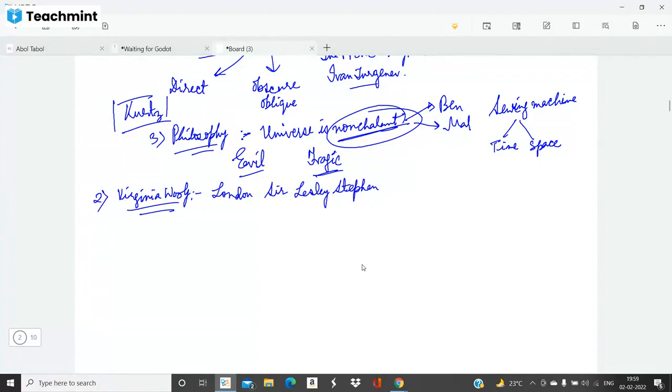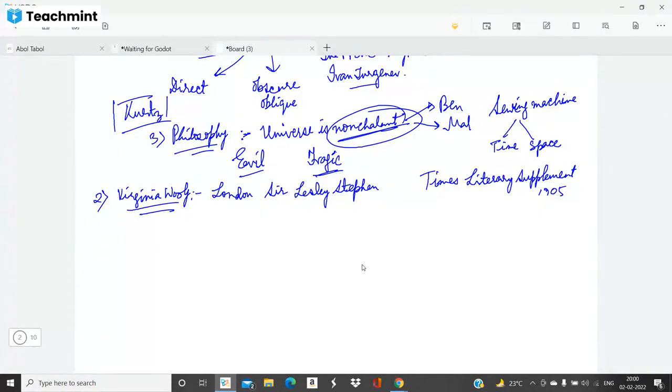And she lost her mother when she was 13, and she lost her father when she was 22. She temporarily lost her mental balance on both occasions, and she started writing for the Times Literary Supplement from 1905, and this association continued throughout her life.